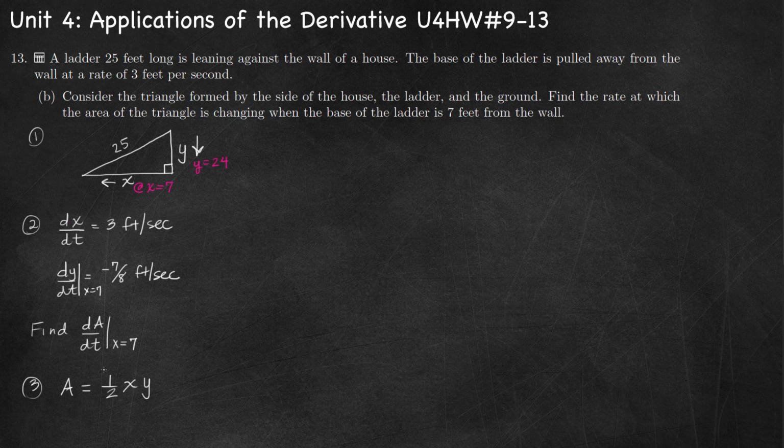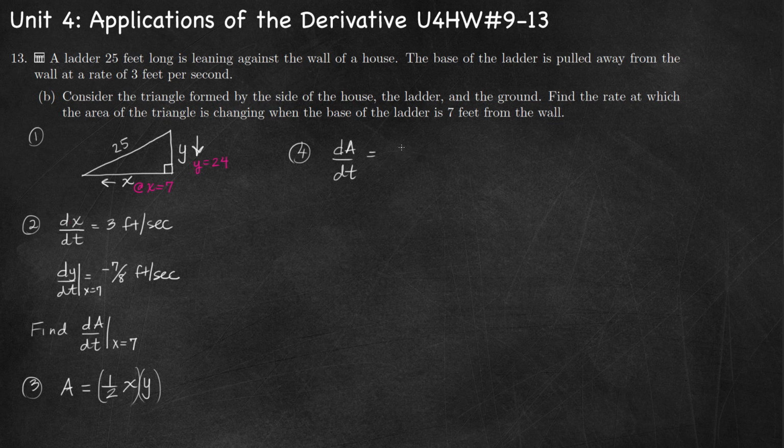We also have to use product rule to find this derivative. I'll use 1/2 x as my first factor, and then y as my second factor. So the derivative of A with respect to t is dA/dt. Now the derivative of 1/2 x times y, we're going to use product rule.